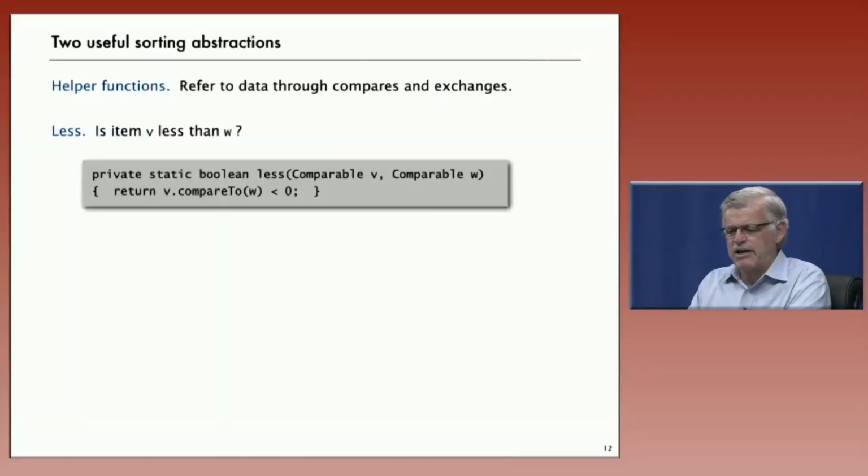And the way we do that is to take the 2 primary operations, compares and exchanges, that we use to refer to data and encapsulate them just as static methods. So we're going to use a method less that takes 2 Comparable objects as arguments, and it just returns v.compareTo(w) less than 0.